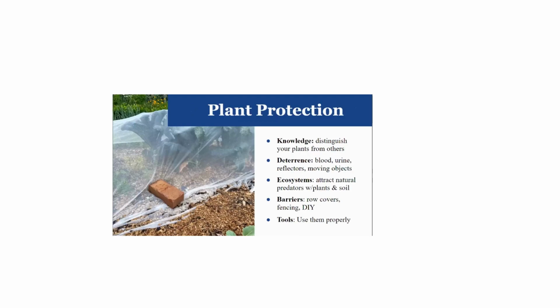Then there's plant protection. So this concept of making sure that your plant isn't being attacked by something or too exposed to any one thing. So that's a part of knowing what your plant is.